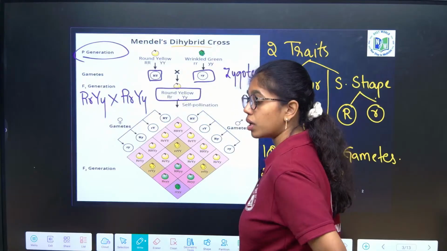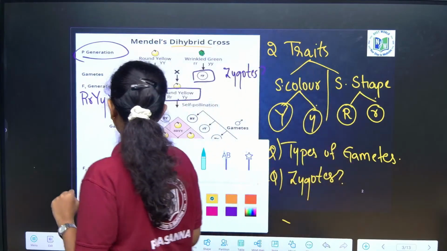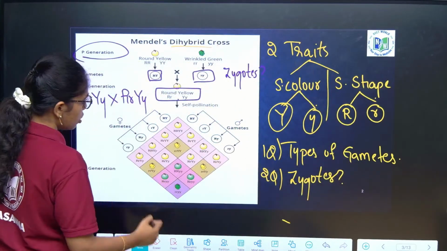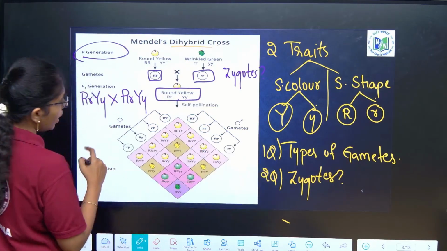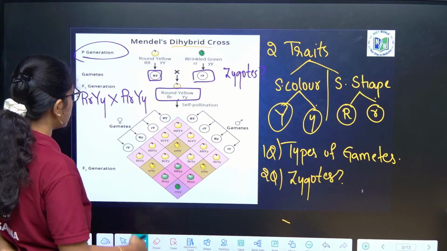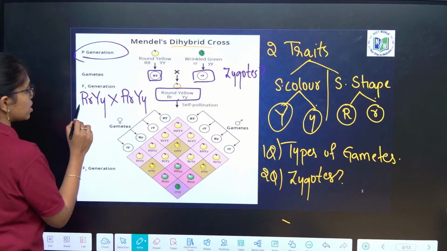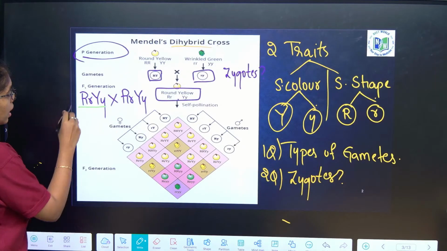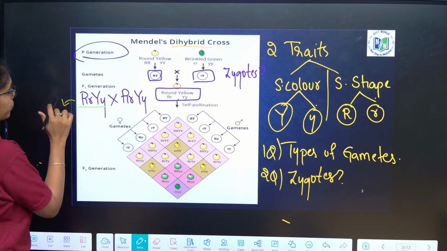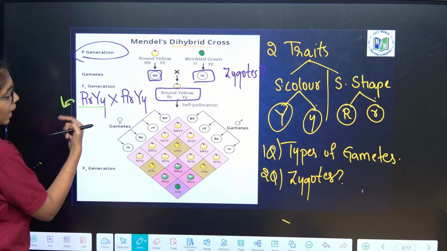This is the question. How you have to identify, I will tell you, see. Look into it carefully. The first question, types of gametes, can be answered like this. Let us consider one parent. How many types of gametes?